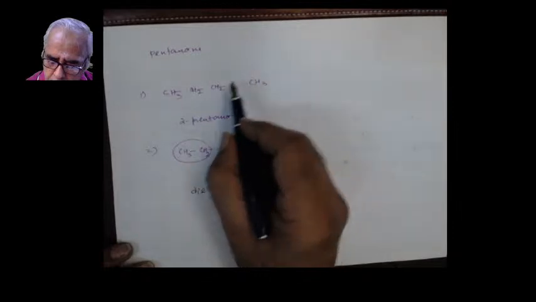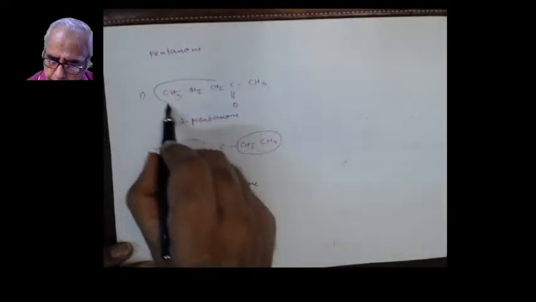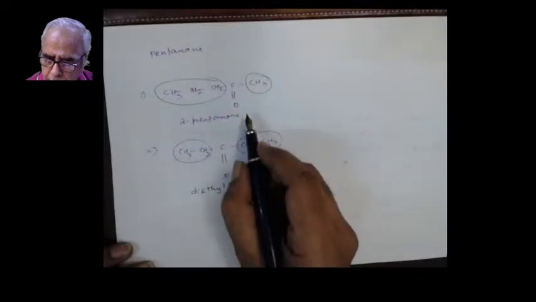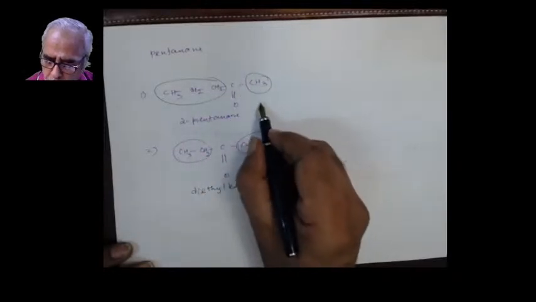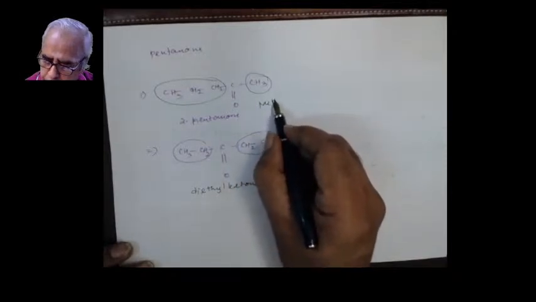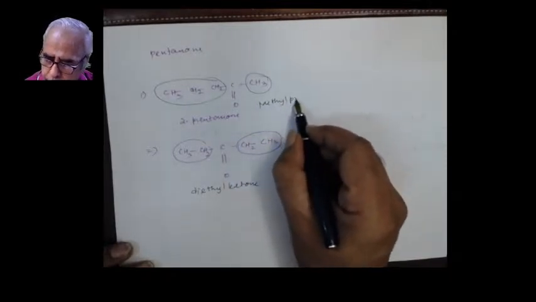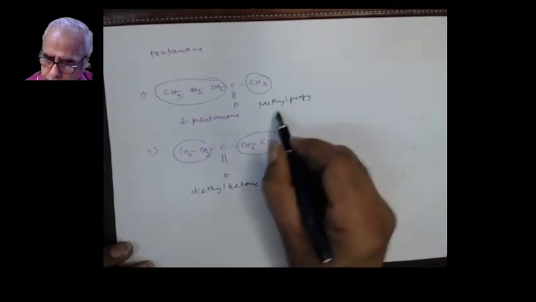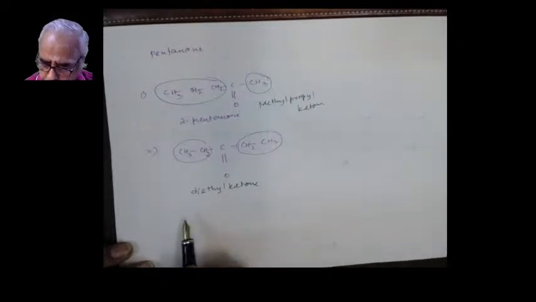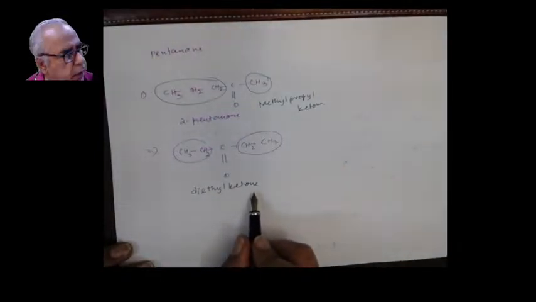And what about the other one? This is propyl, this is methyl, so you can call it methyl propyl ketone. That is by trivial name. So this is diethyl ketone.